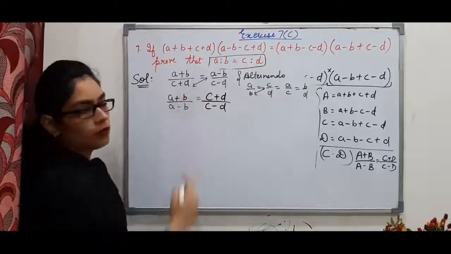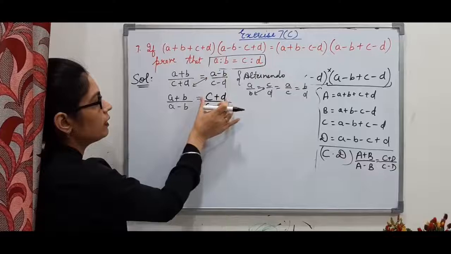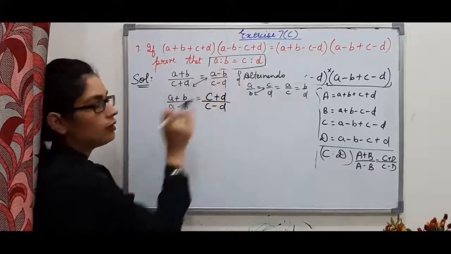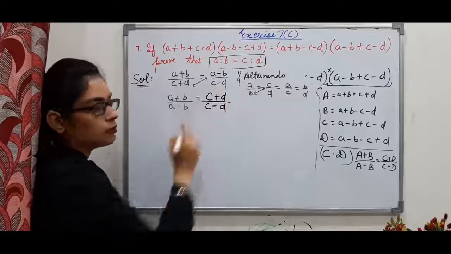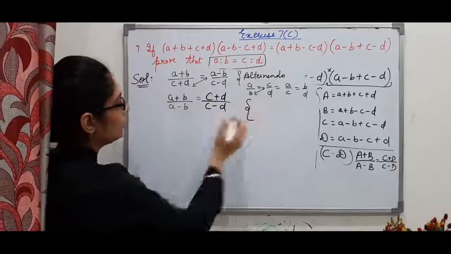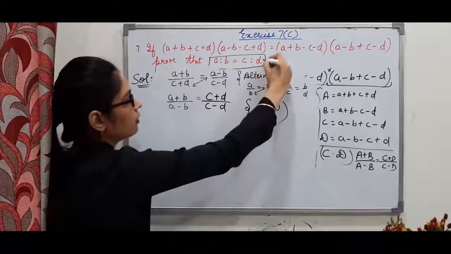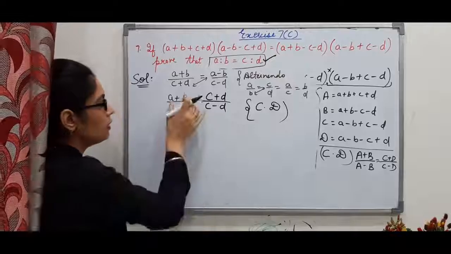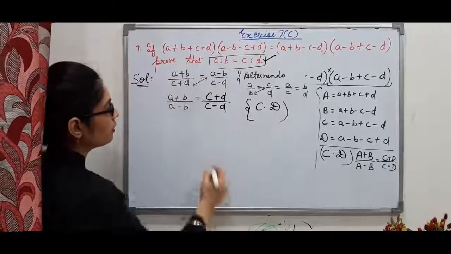See, from here we have just interchanged these two, a minus b I have written here and this c plus d I have written here. Now these two terms are together and these two same terms, ab and cd. Again we have to apply componendo and dividendo, because see, we have to reach here, still two terms are there. So let's apply componendo and dividendo.